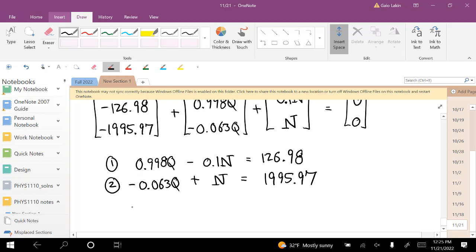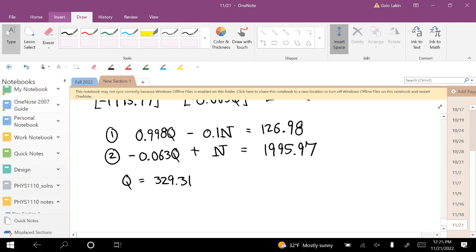And you get Q is equal to 329.31, N is equal to 2016.72.